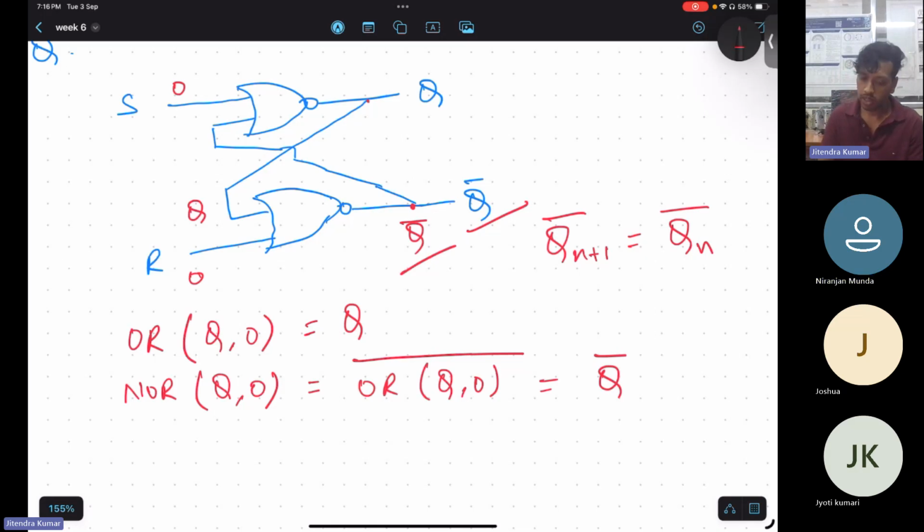Yes, sir. Okay. Now let's look at S above. So what is at S? Here Q bar is coming at this node, right?